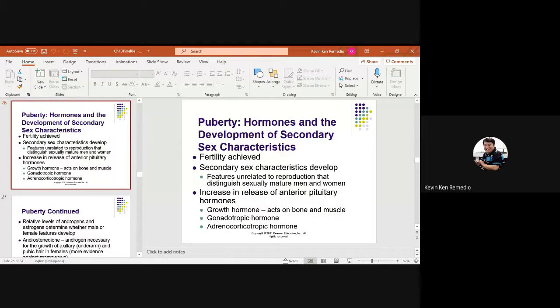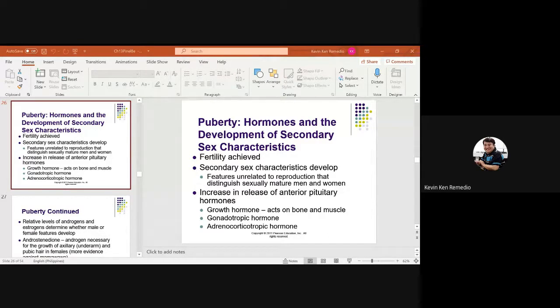Okay, so how is puberty mediated by hormones and the development of secondary sex characteristics? Okay, so during puberty class, this is the time when fertility for males and especially for females is already achieved. So meaning diri na magsugod og ka-fertile ang babae.